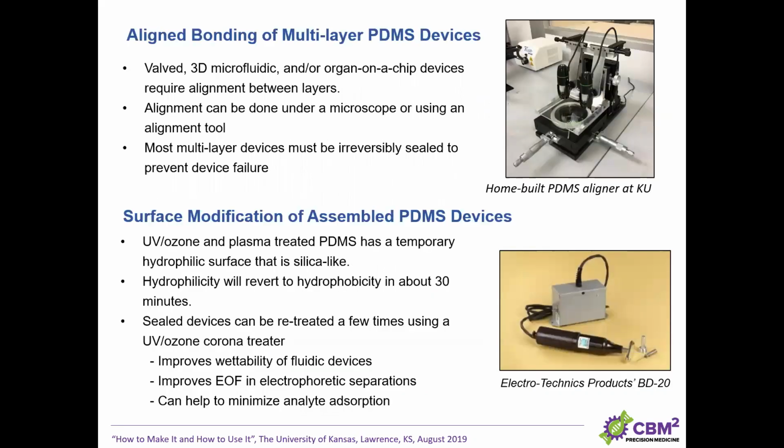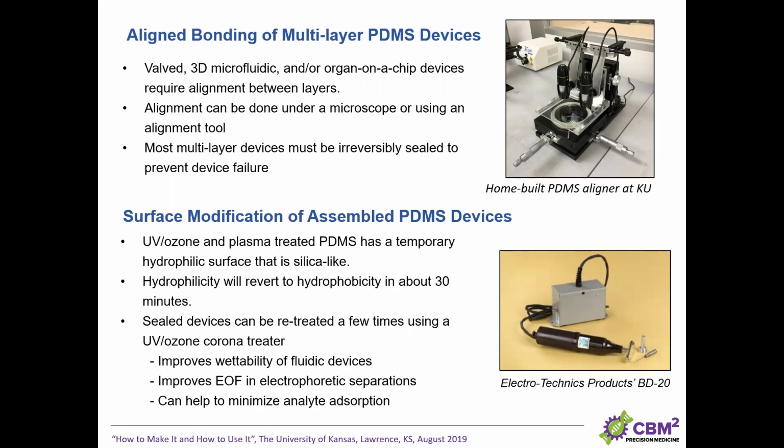One of the solutions for this, and you can see it in the clean room, is this home-built system by Ryan Grigsby. It's a PDMS aligner that uses a microscope and cameras to look at the alignment marks and hold the two PDMS layers apart from each other. You align them and then you stick them together.